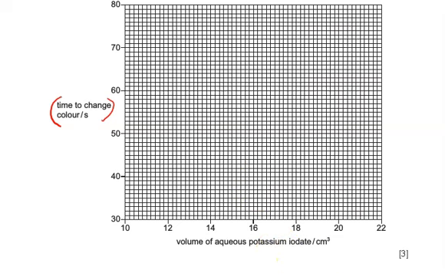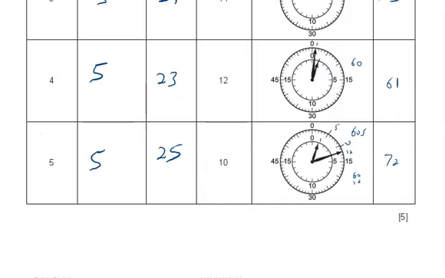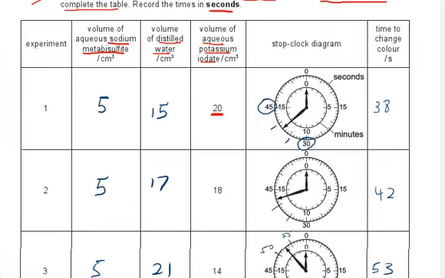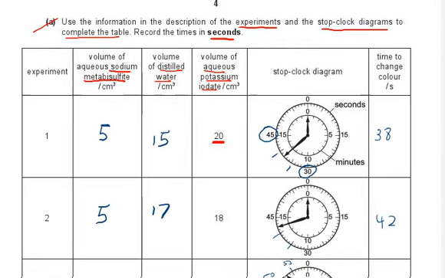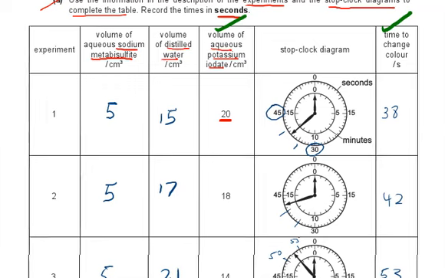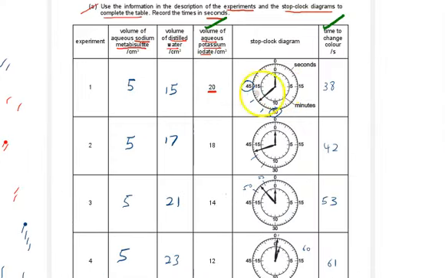So the time and the volume of potassium iodide, which means they are asking us to plot this and this one. So these are the two columns that we need to be focusing on.